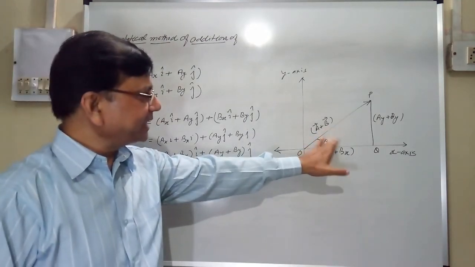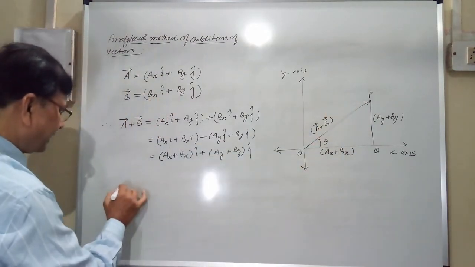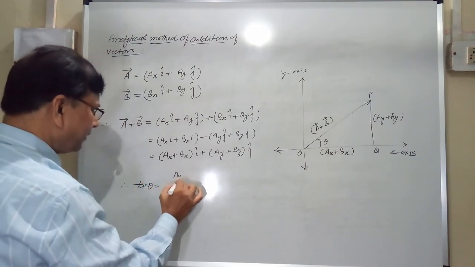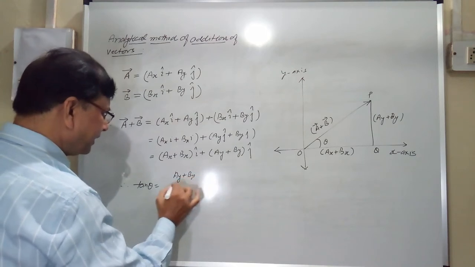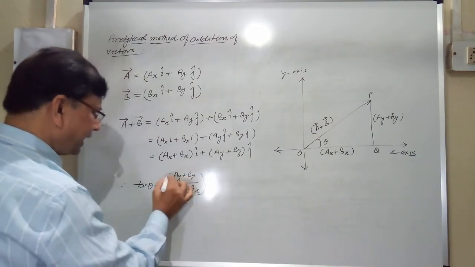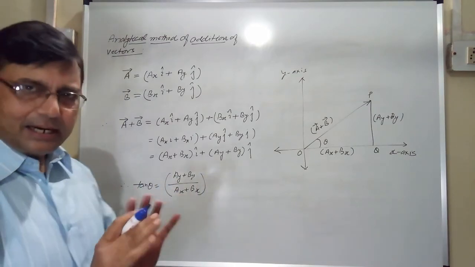Here we have to find the direction of A plus B, so we can write tan theta is equal to (ay plus by) upon (ax plus bx). I think the concept is clear to all of you.